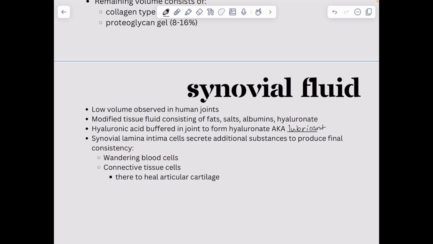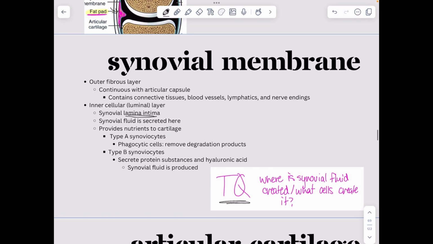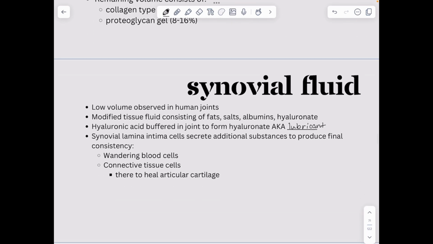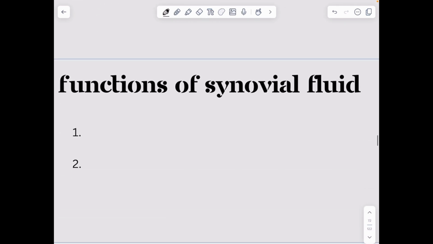The synovial lamina intima cells, like we said up here, remember synovial lamina intima cells? They secrete additional substances to produce the final consistency, which is we have wandering blood cells and connective tissue cells, which will help in the regeneration and healing of the articular cartilage.